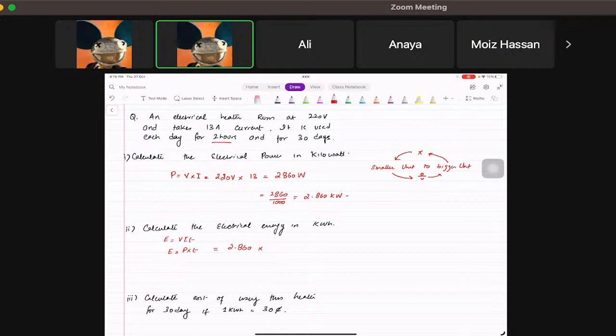So the time would be equal to 2 hours into 30 days, which means it's about 60 hours we're gonna use this, right? So we're gonna multiply this with hours because we need kilowatt hour, right?